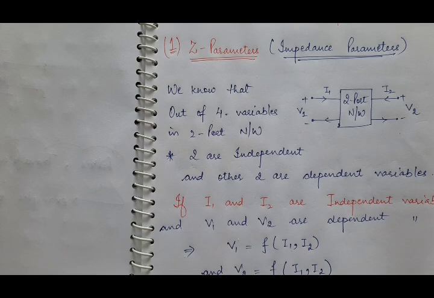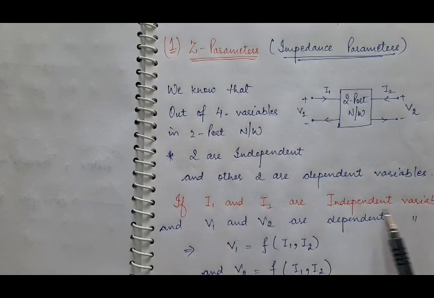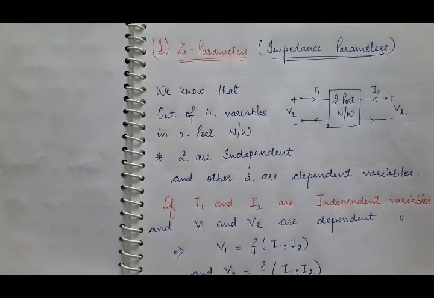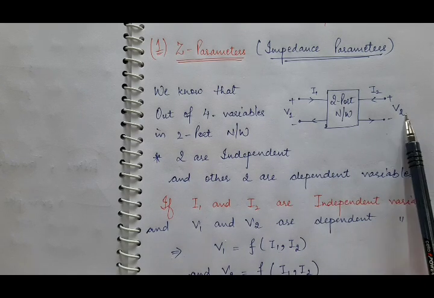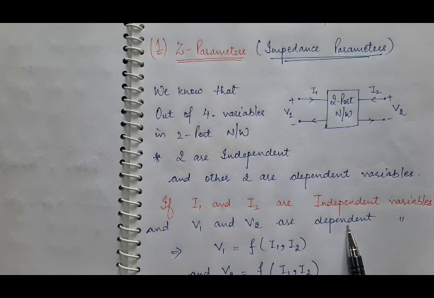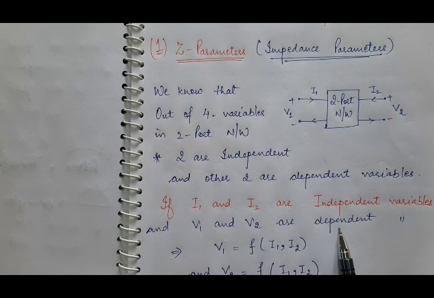In the case of impedance parameters, out of these four variables, I1 and I2 are taken as independent variables, and the voltages V1 and V2 are taken as dependent variables. If V1 and V2 are dependent variables, then what will they depend upon?